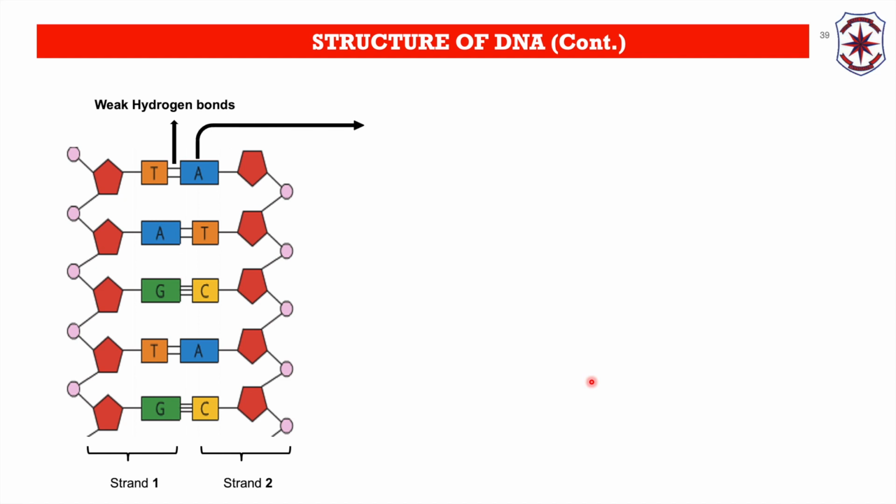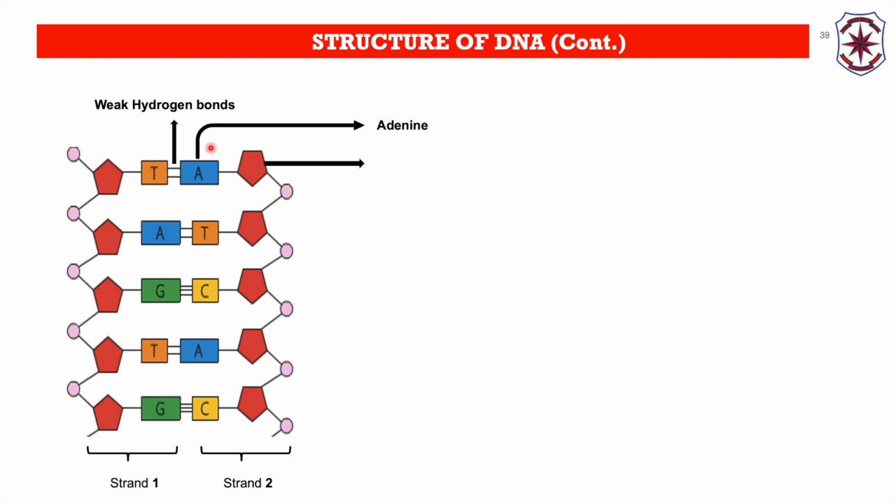Now, what is that we see over there? So here is adenine. And remember, what is adenine? Adenine is a nitrogenous base, because it is labeled as A, you need to specify that it is adenine.